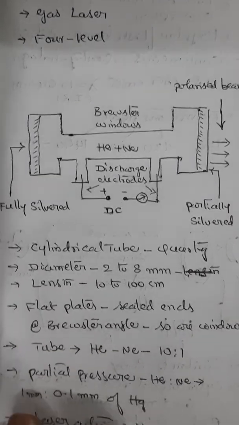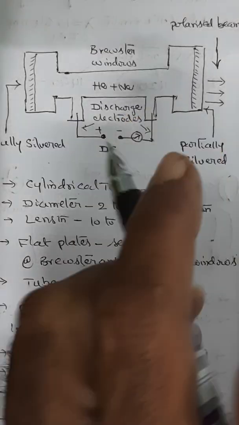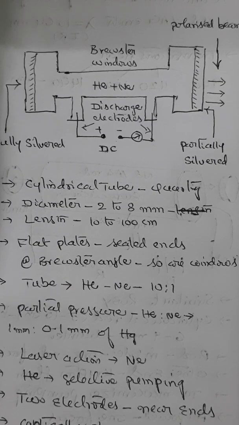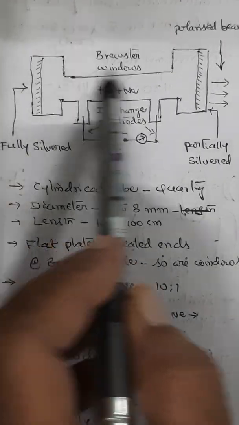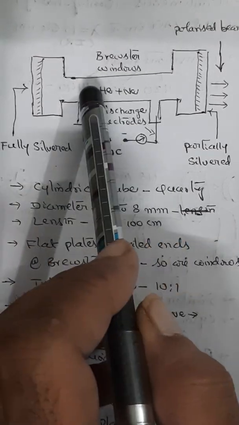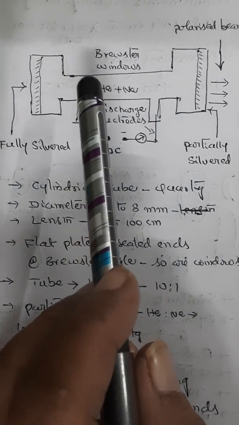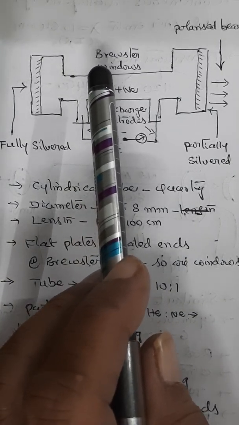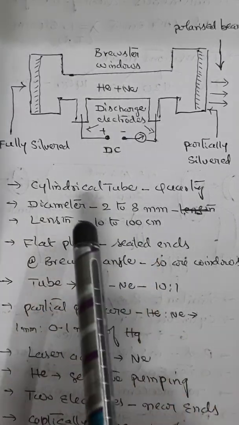If you see the constructive part shown here schematically, basically, it consists of a long, narrow cylindrical tube made up of fused quartz. The diameter of the tube will vary from 2 to 8 millimeters and the length will vary from 10 to 100 centimeters.